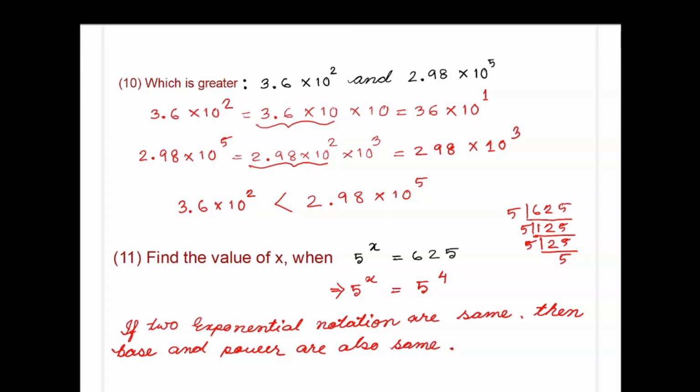Is it? So definitely the bases are the same only. Then x is equal to 4. It is also the same. Understood? Okay. So for today this much only you have to learn. Okay. So in the next class we will start the exercise. Okay. We will start the exercise.